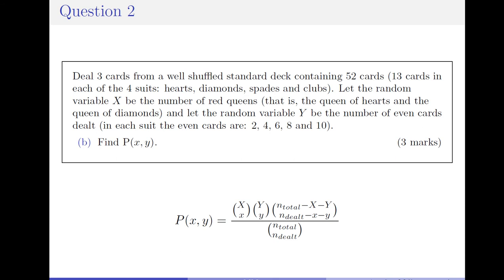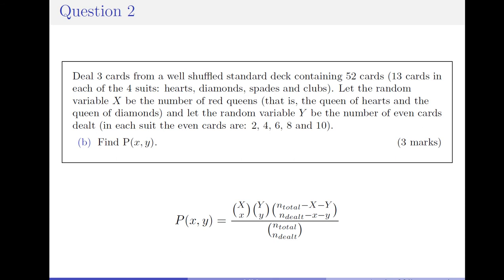Now these brackets here, without the line for a fraction, are what we would call something to do with the binomial theorem, and these are the choose functions. So you would read this as X choose x. When you're doing this, you need to make use of the choose button on your calculator. It's a capital C button, and you might also want to make use of factorials. These can all be written in terms of factorials.